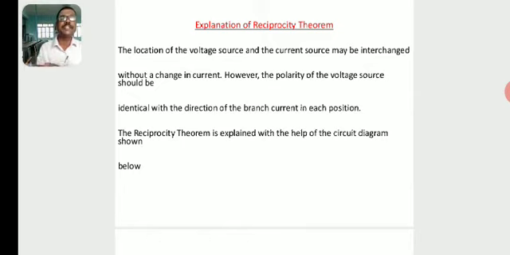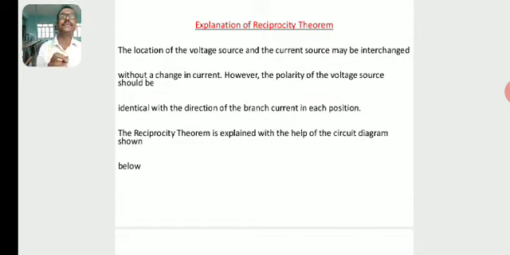Where the voltage and current sources are interchanged, there is no change in the current. However, the polarity of the voltage source should be identical with the direction of the branch current in each position. So there is no change in the direction of the current.